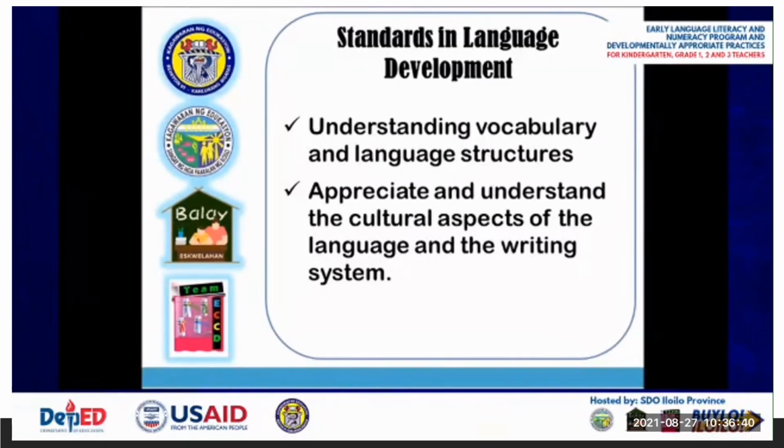By the end of grade 2, learners will enjoy communicating in their first language on familiar topics for a variety of purposes and audiences using basic vocabulary and phrases. Read ELLN text with understanding and create their own stories and text in their L1.